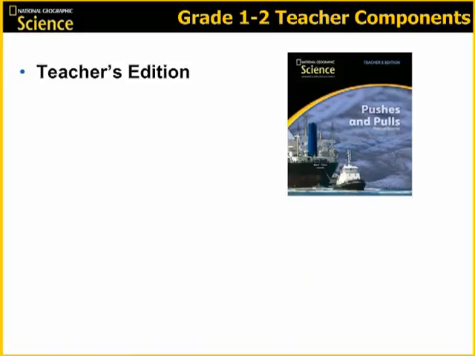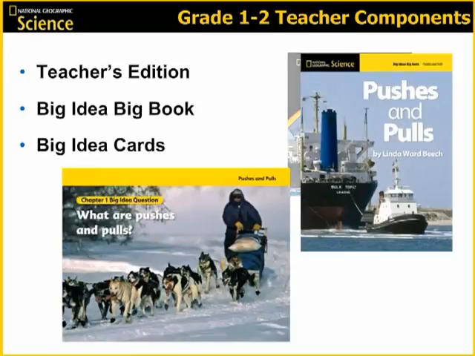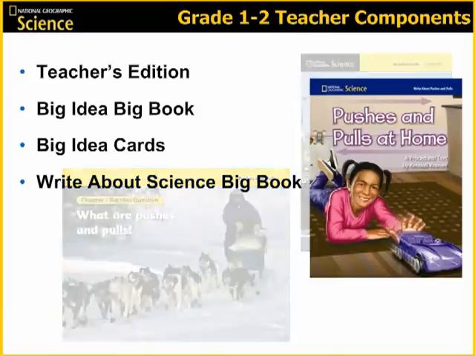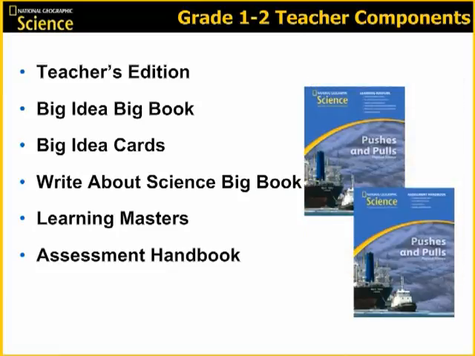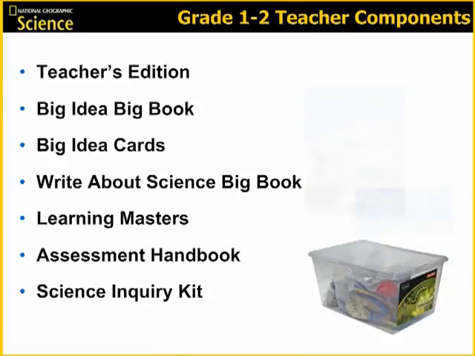You will have 1 teacher's edition for each unit found in the drawer. The Big Ideas book and Big Idea cards will guide your instruction for each unit. A Write About Science Big Book is also provided to guide the writing instruction. In the drawer, you will also find your Learning Masters and Assessment Handbook.